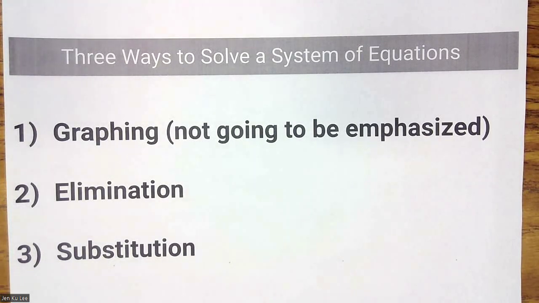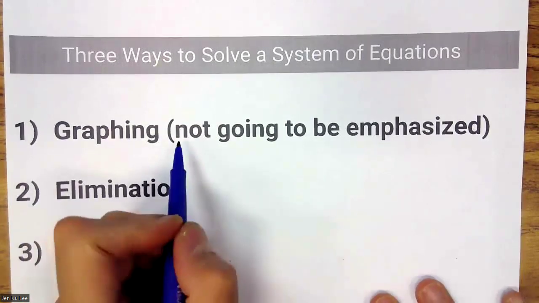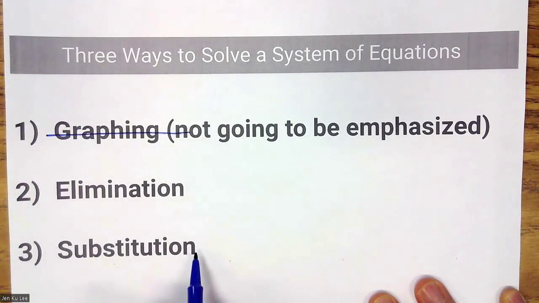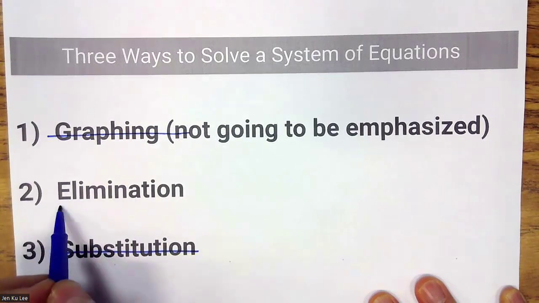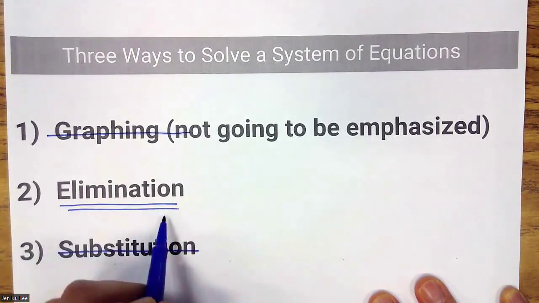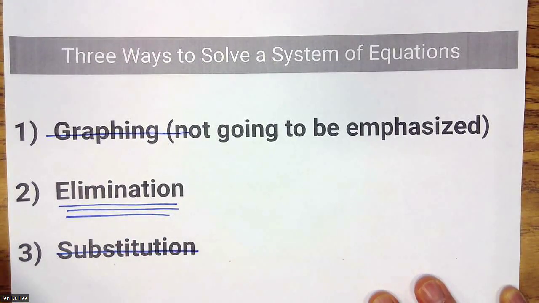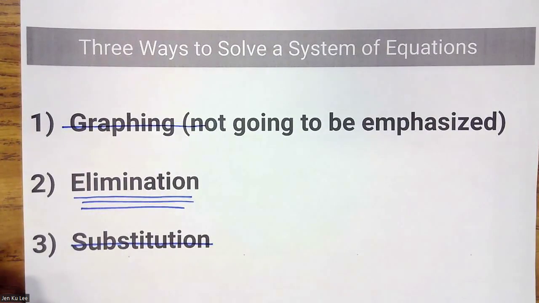In this lesson, we're not going to graph, we're not going to substitute, we're just going to eliminate, okay? And there's a systematic way of eliminating. So that's what we're going to do today.